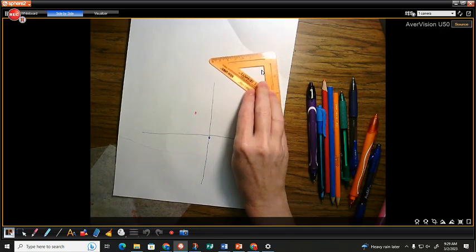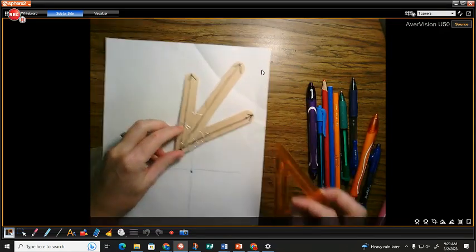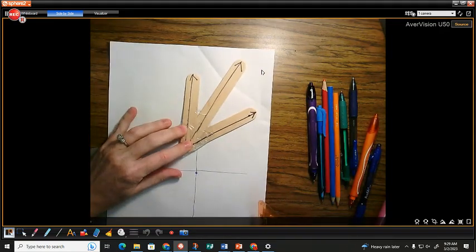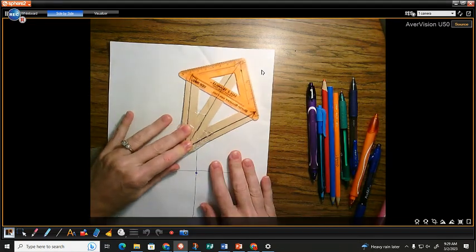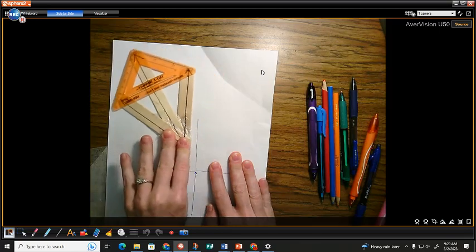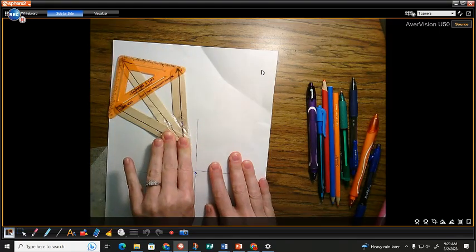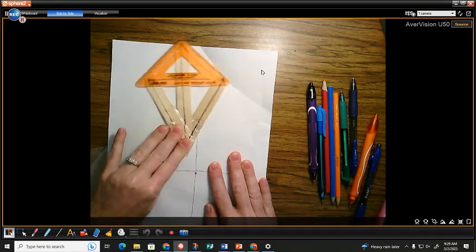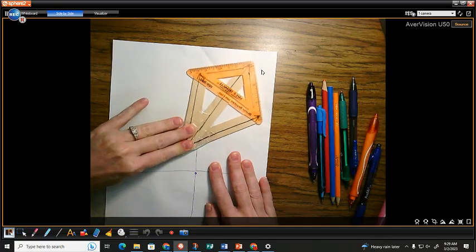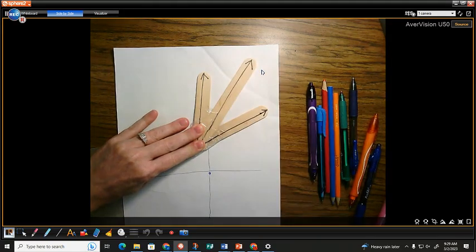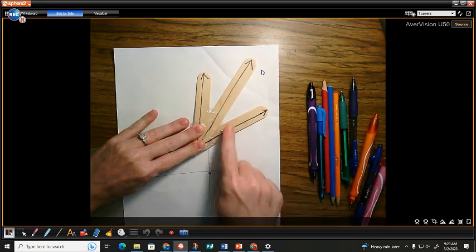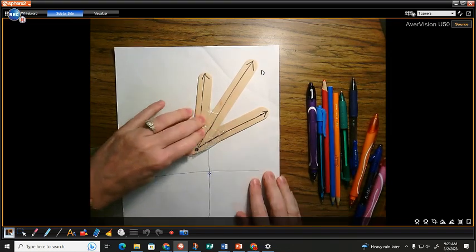But remember, I have little things called vectors. And when I rotate my shape, guess what rotates with it? The vectors rotate. And so what we're going to do today is use those rotation rules we came up with yesterday on the vectors.